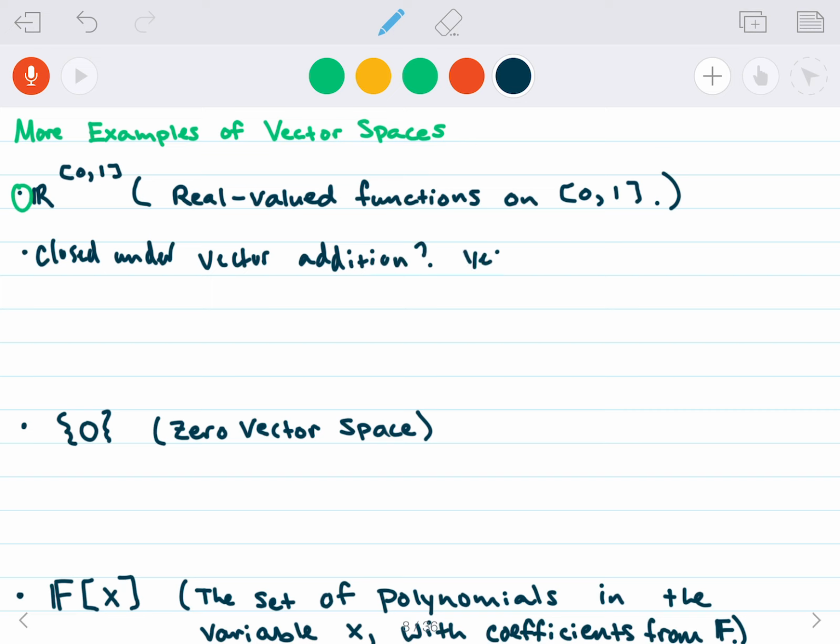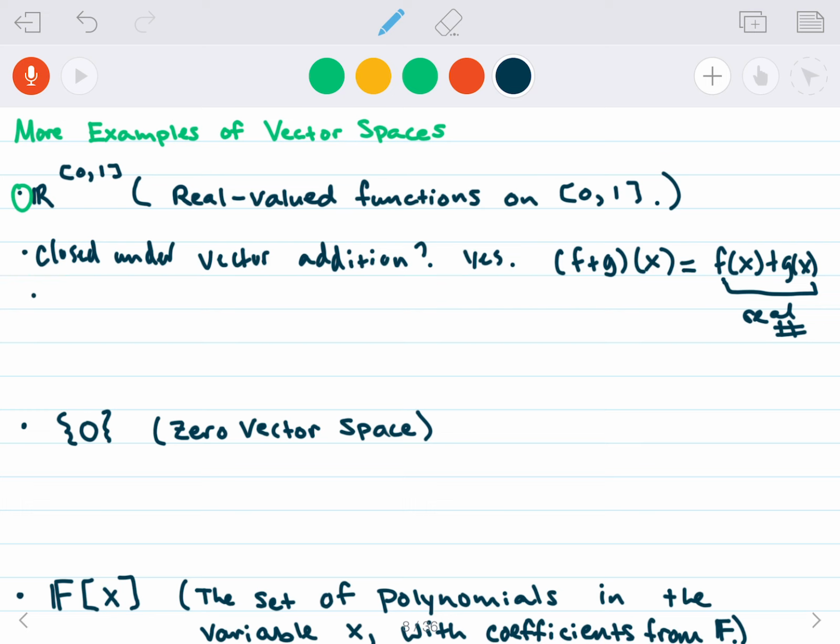So adding two functions from the space, f plus g, is going to give us f(x) plus g(x), and this is going to be a real number, so a real valued function on S. So definitely closed under addition.